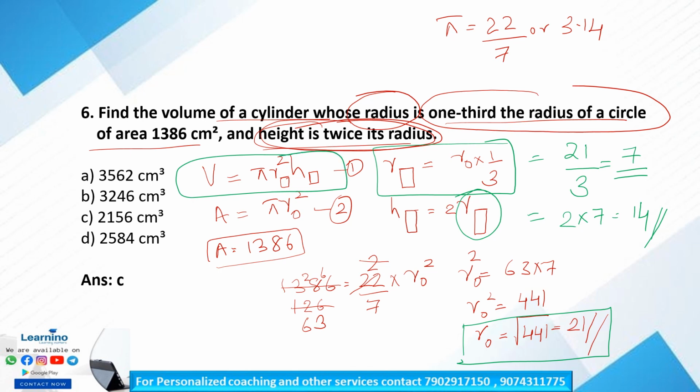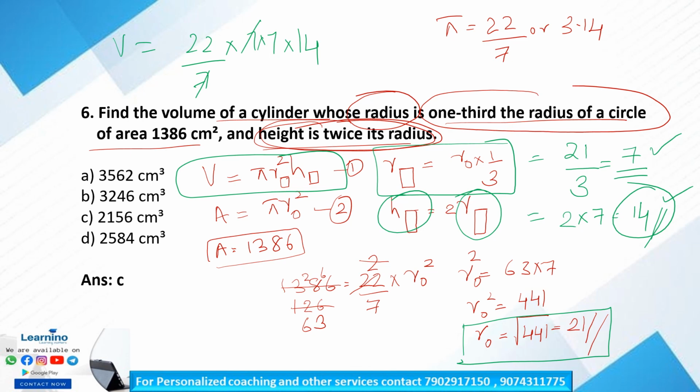So substitute the values of radius of the cylinder 7 and height of the cylinder 14 in equation number 1. We will get the volume of the cylinder, that is V is equal to 22 by 7 into, what is r square? R is 7. 7 into 7 into height of the cylinder is 14. So 14. So cancelling each other.